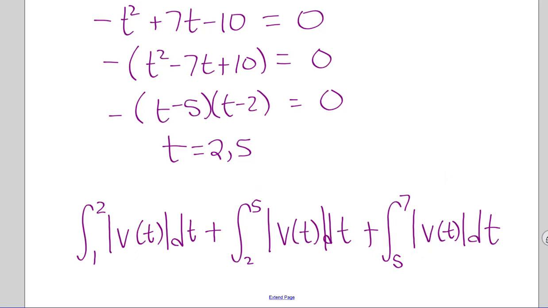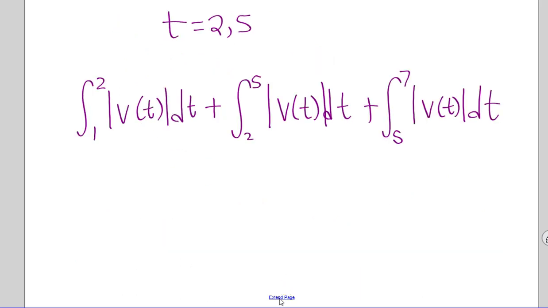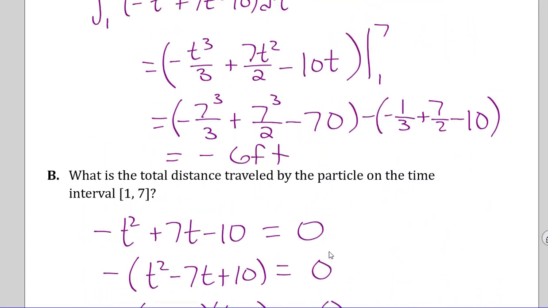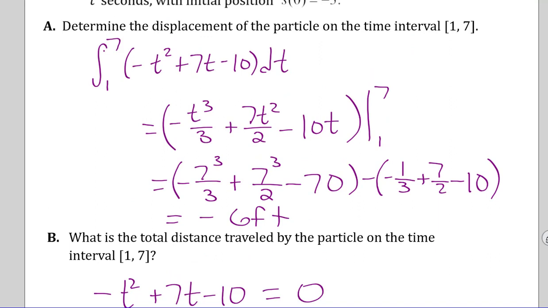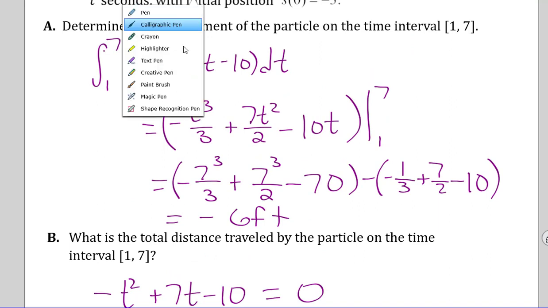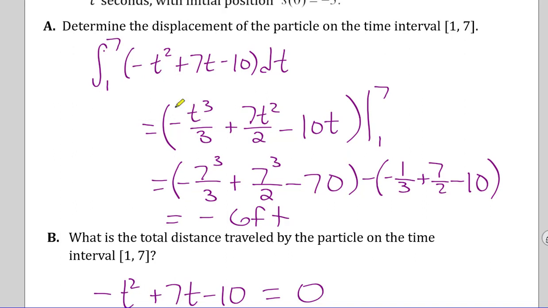All right, so there's a lot of calculation that has to go on here. I'm going to do a portion of it by hand so that you understand what we have going on here, and then I'm going to use my calculator to do the rest, okay? So if I'm integrating from 1 to 2 for the absolute value of v of t dt, we've already found what this integral was in this step, right here.